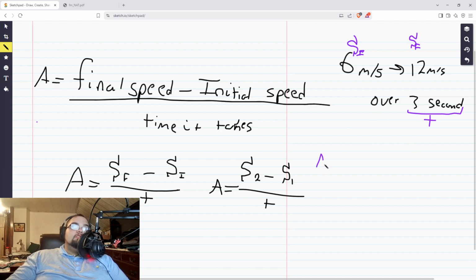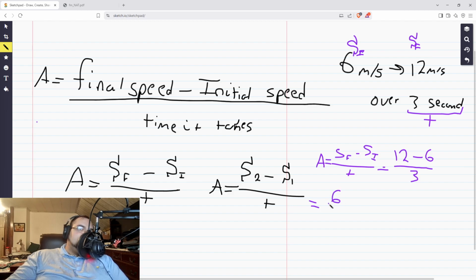Now I can put this into my equation. A is equal to S_F minus S_I over T. So S_F I said was 12 minus S_I I said was 6 over T, which is 3. Now, could you tell me what 12 minus 6 is?